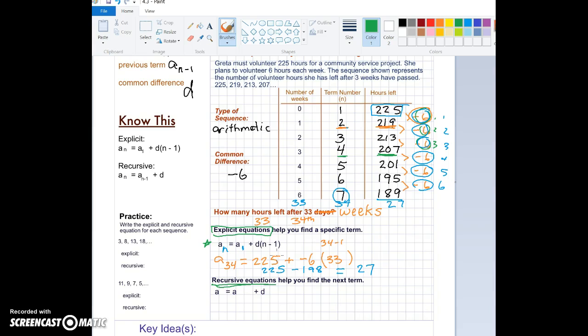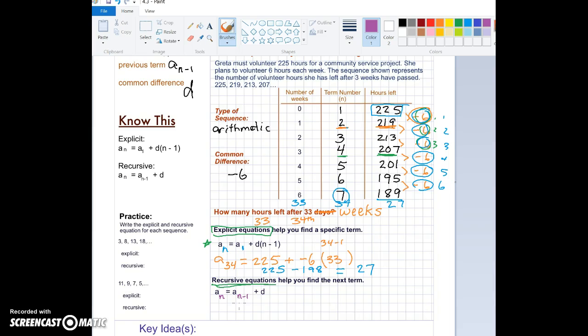If we want to find our nth term, a sub n, we take our previous term, a sub n minus 1, and we add our common difference.